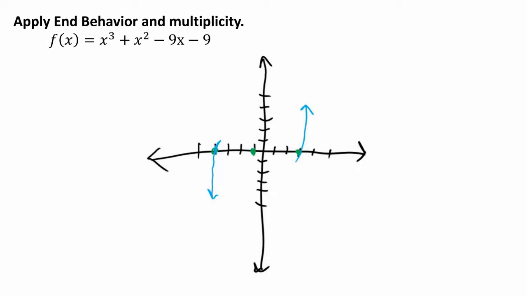We do know the end behavior because of our leading coefficient test. Again, this is a polynomial of degree 3, which is an odd function. Its leading coefficient is positive, so then I know that my graph is going to fall on the left, rise on the right. But I don't know what's happening in here.